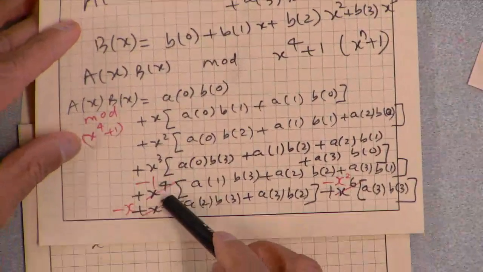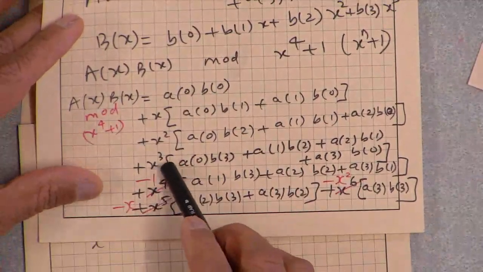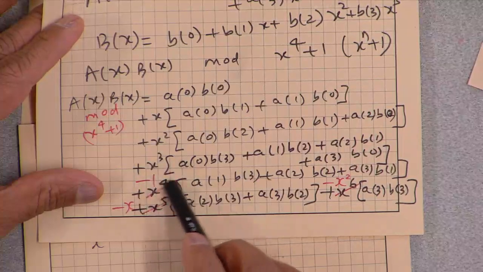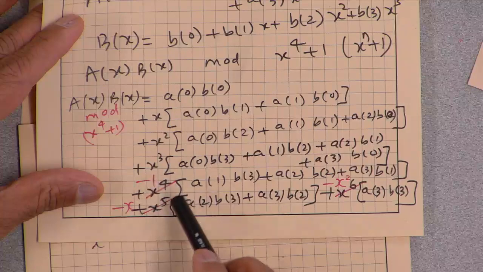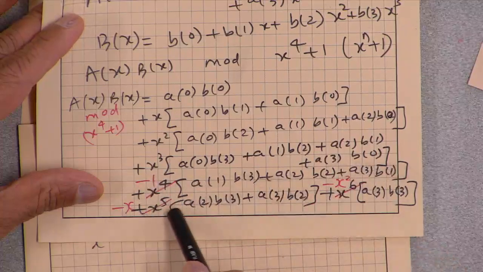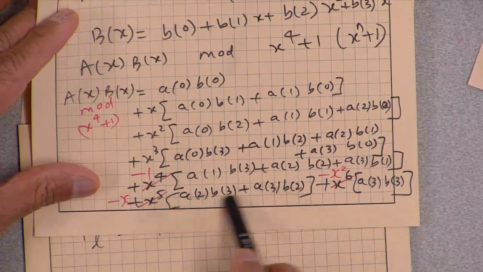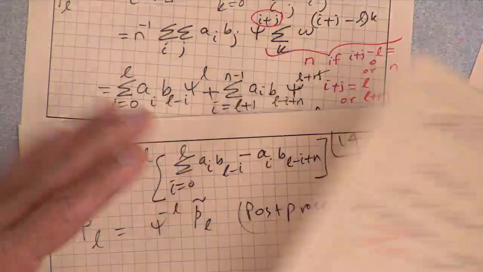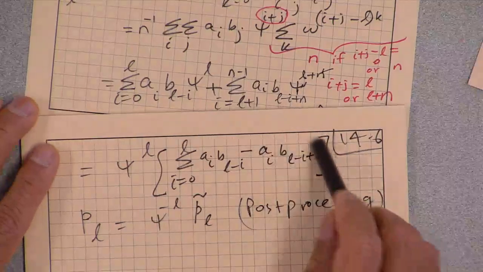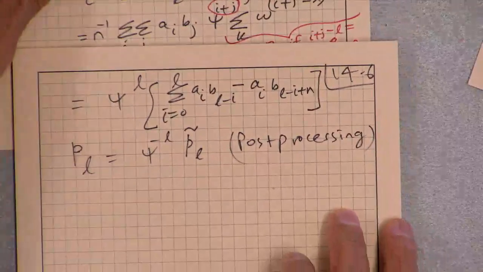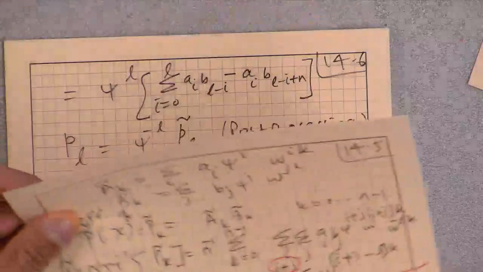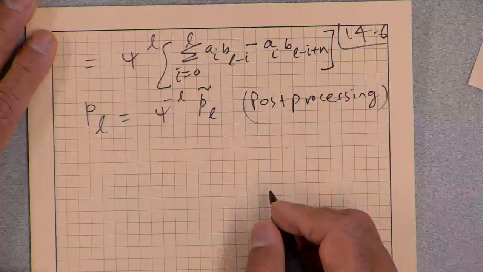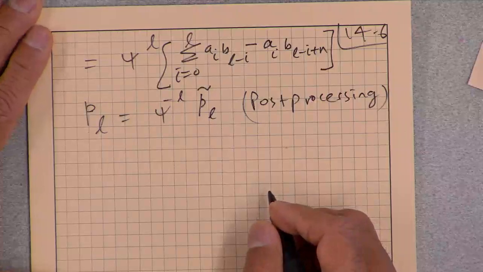Whenever the degree became more than n minus 1, that is what is happening here, this minus sign. Minus of this whole thing, x to the power 5 became minus x, x to the power 6 became minus x squared. And that is why the so-called negative wrapped convolution, we have now shown, indeed computes what we want to compute.